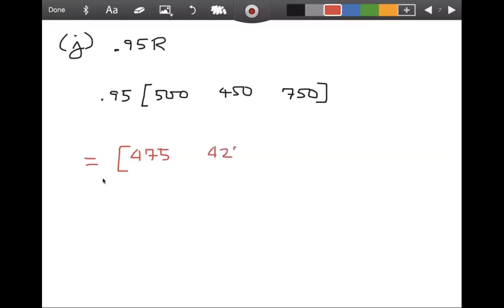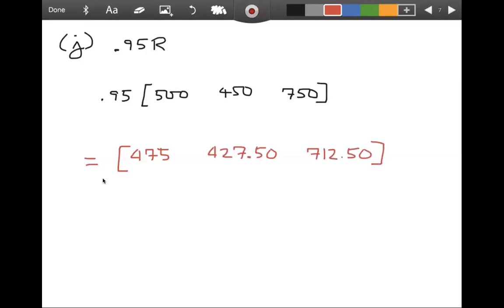That comes out to 427.50. And then 0.95 times 750 is 712.50. So it's just 95% of the numbers in the revenue matrix.